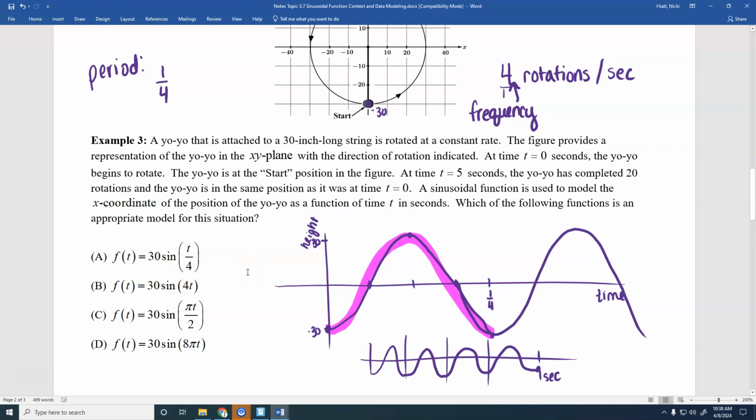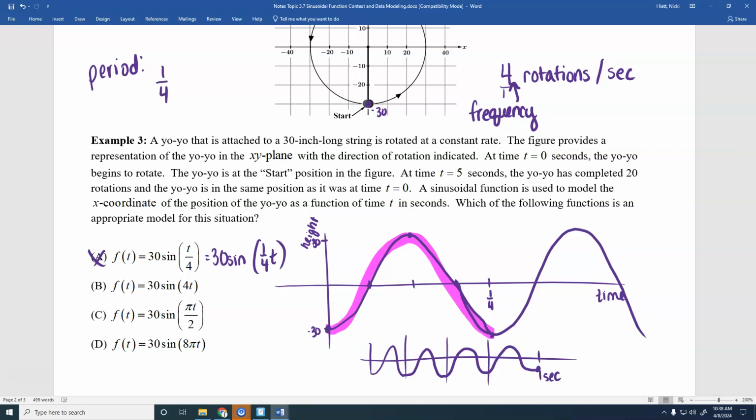In fact, I would go ahead right now and throw one of these answer choices out. So we said we were not putting 1/4 in as our B. So which one could we throw out because it's basically just 1/4 times t. A could go out because it's not written like this, but this is the same as 30 sine of 1/4 times t, right?